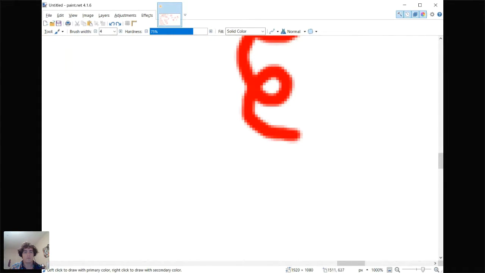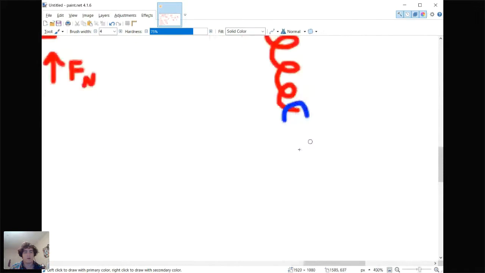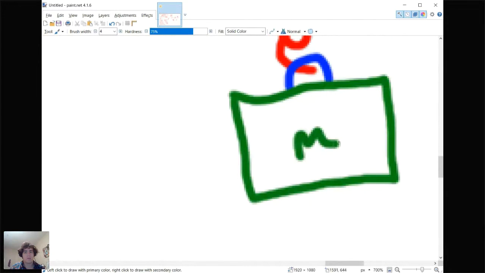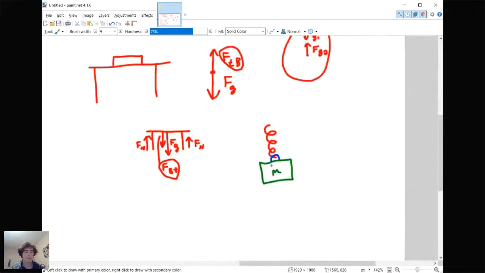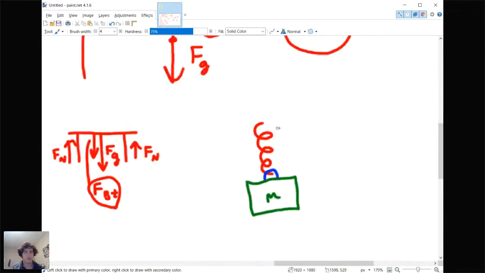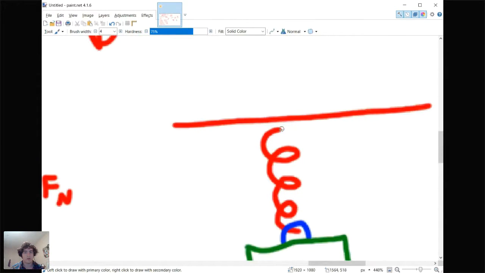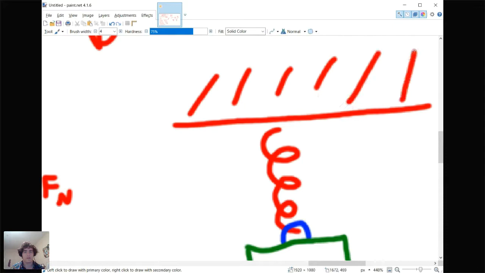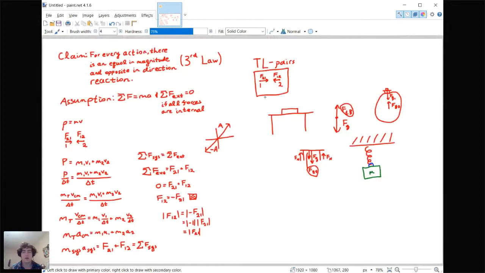So we'll consider this hook right here a box of mass M. So that's better. So this is just a spring on a ceiling. These lines are simply a fancy notation for the ceiling is rigid, meaning the ceiling's not going to move. So we don't have to worry about the ceiling moving in this situation.